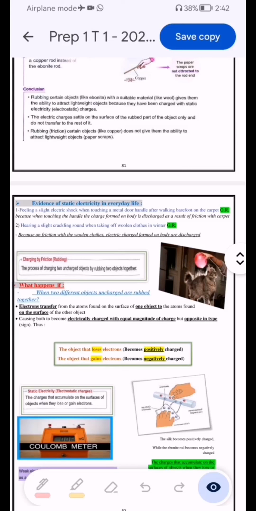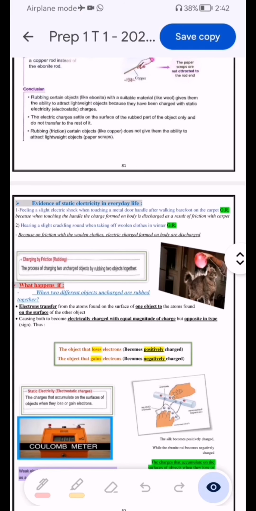Okay, why? When you walk on the carpet, friction occurs between you and the carpet, right? So some charges transfer from the carpet to your body, and when you touch the metal handle, this charge will discharge. Discharge means transfer, or go away from your body.